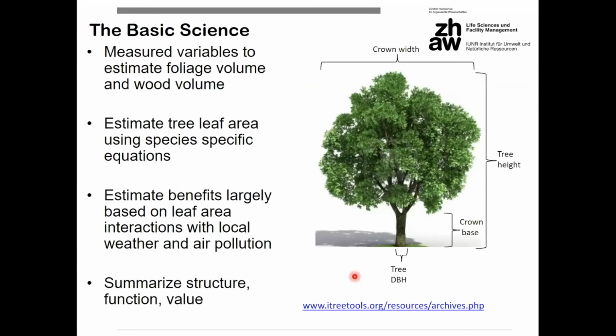That's why we have to give in the crown width and the tree height and the crown base. And combined with local weather and air pollution, it gets a result pretty specific, pretty precise to the location where the tree stands.